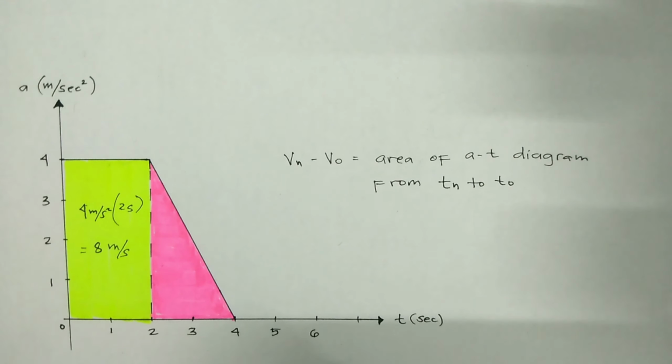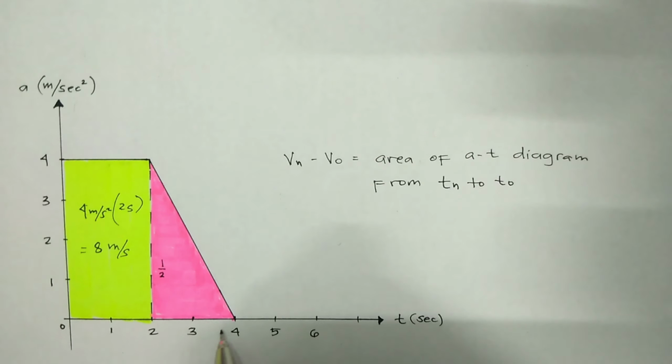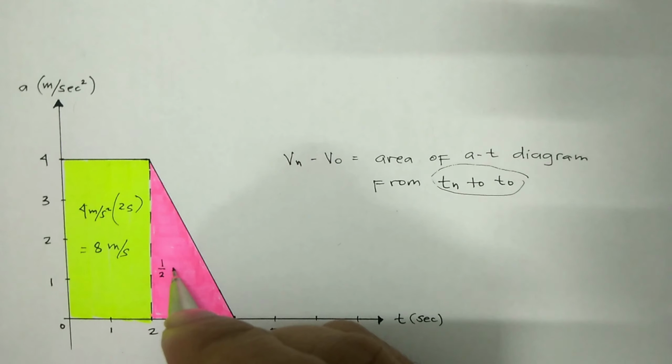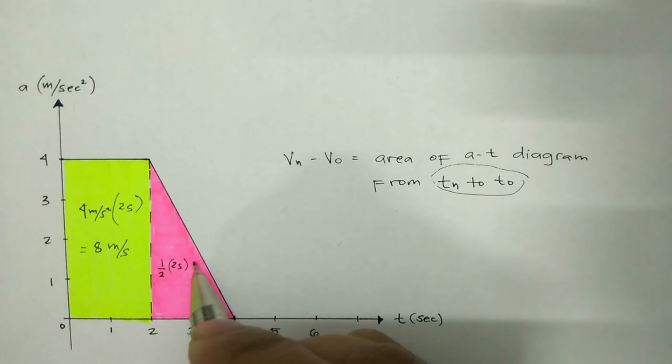For the triangular part, that would be equal to 1/2 times the base, which is from 2 to 4. We are only considering 2 seconds, not the total of 4 seconds, because we are considering the time interval. So this would be 2 seconds times the height of the area, which is 4 meters per second squared.